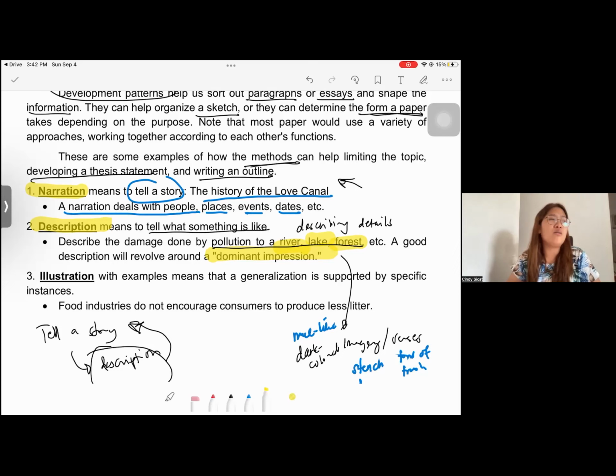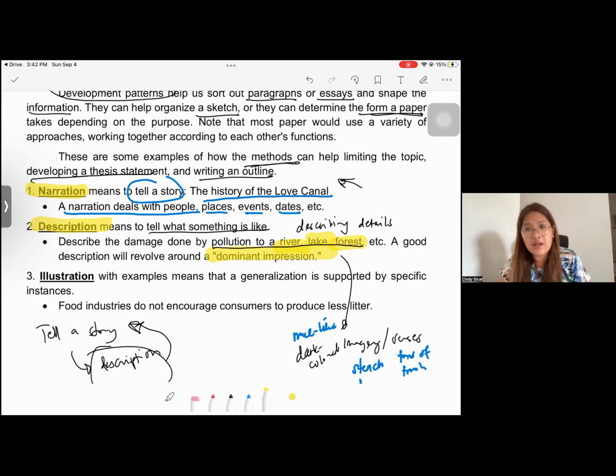So for example, if you want to tell your mother why you got a low score by telling her what happened since the night you were reviewing down to the moment you submitted your paper, that's narration. But you could describe that night. How did you feel? What was on your mind?